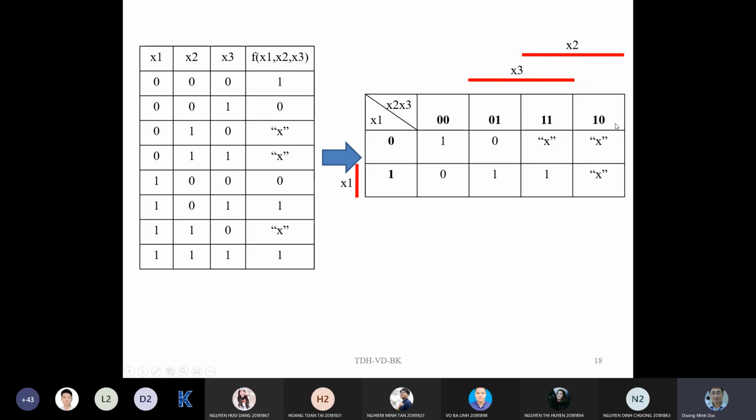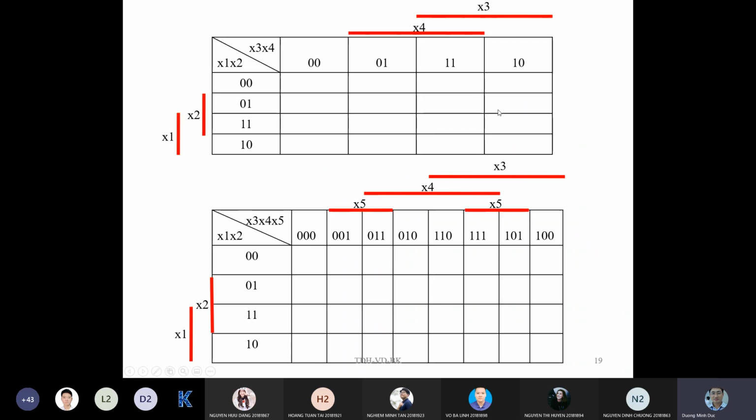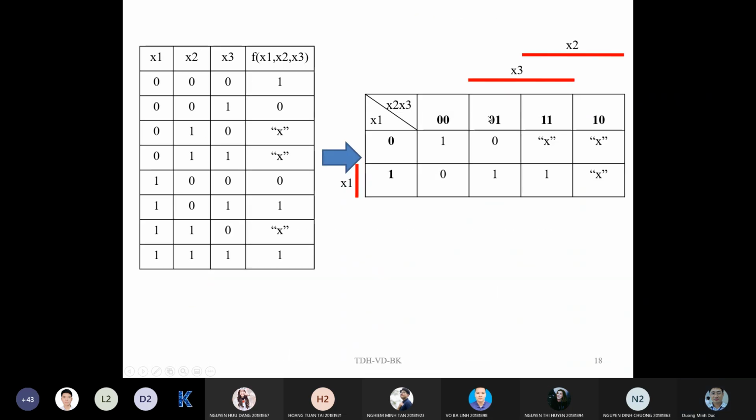1, 0. Okay, so we can say that these two numbers go next to each other. 0, 0 and 0, 1 are next to each other. 0, 1 and 1, 1 are next to each other, and it must be so in the Karnaugh map. And 1, 1 and 1, 0 are also next to each other in the Karnaugh map.